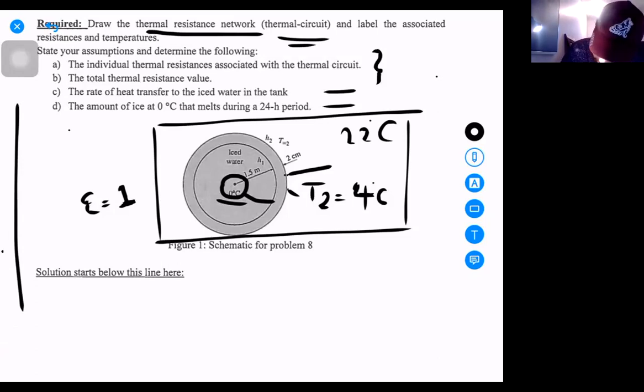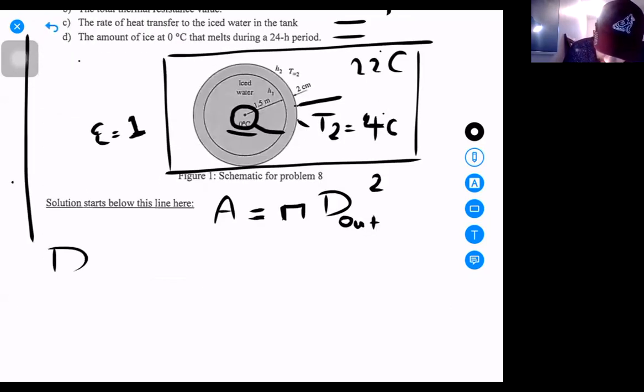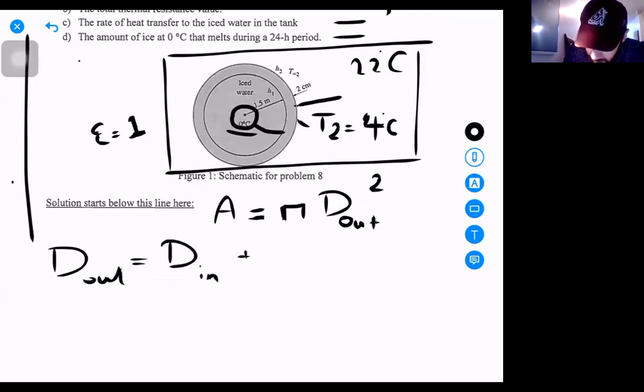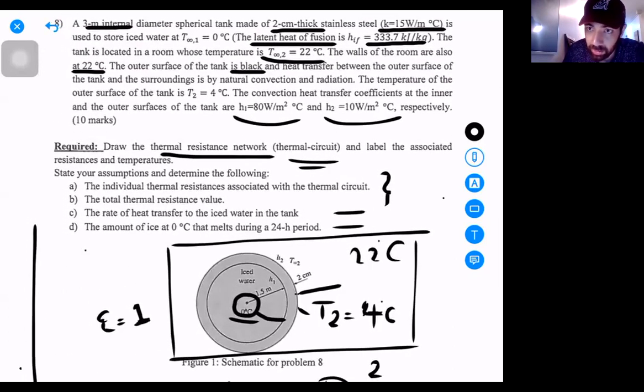The outer area of the tank is defined by pi times d of outer space to the power of 2. And we know that d of the outer space is equal to the inner diameter plus 2 times the thickness of the wall, let's say that was stainless steel 2 centimeters thick.